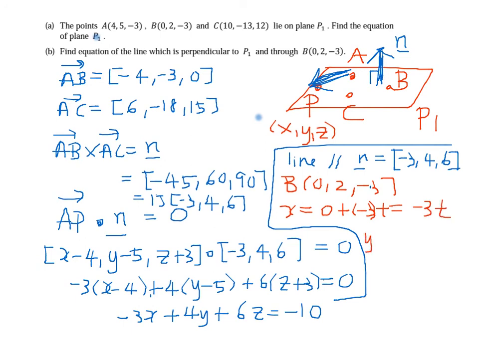As for y, it is 2 + 4t. If you recall, you take this coordinate and times 4t. And similarly, z would be, you probably know by now, -3 + 6t. And of course, t is a parameter.